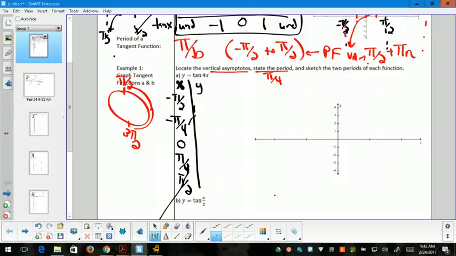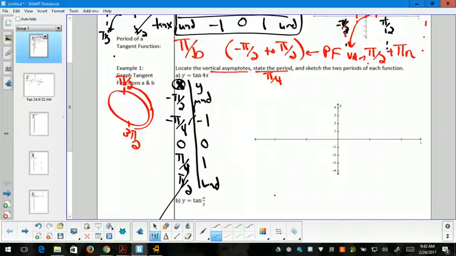And we had undefined, negative 1, 0, 1, and undefined. There's our parent function. Well now, nothing happened vertically. There's no amplitude, so no vertical stretch or compression, no vertical shift up or down.